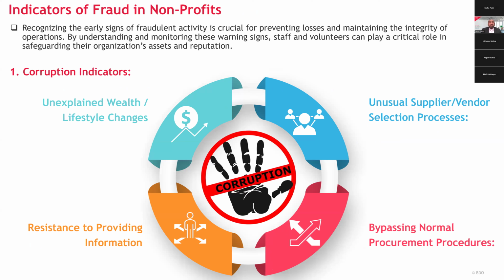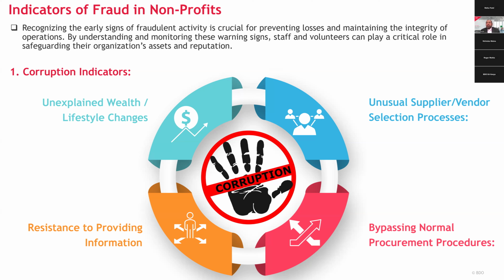Now let's talk about the indicators or the red flags of fraud in non-profits. And recognizing the early signs of the red flags of fraudulent activities is obviously important because you can prevent your losses and also you can maintain the integrity of your operations.